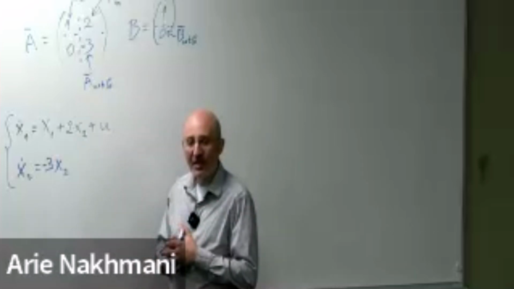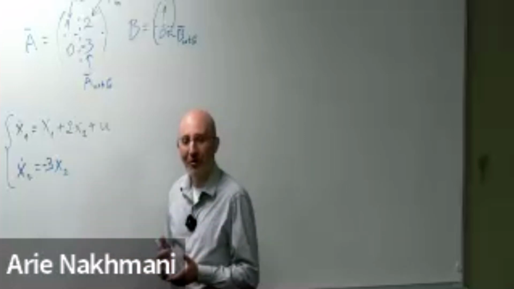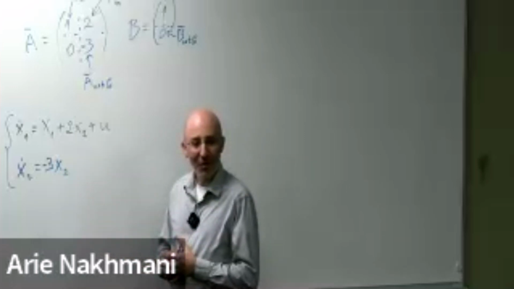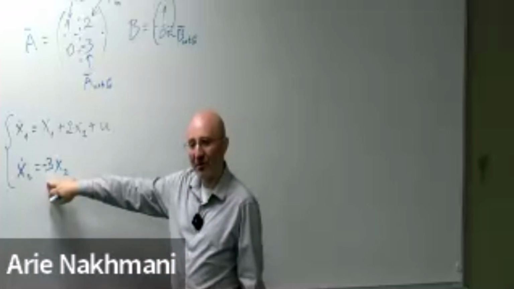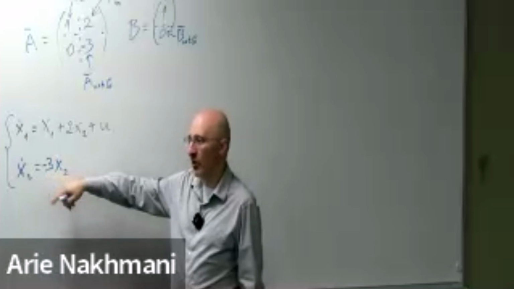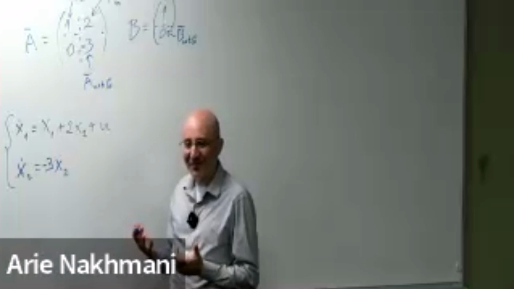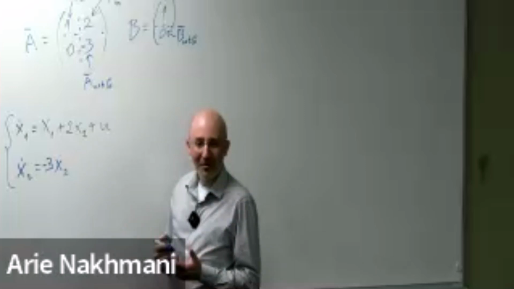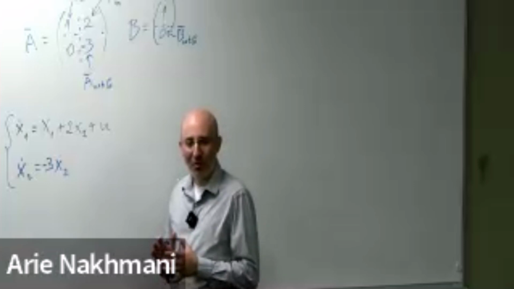You cannot do anything about it, which means your system will just blow up no matter what you do. So this system would be not stabilizable if this is +3. But when it is -3, it will eventually converge. You cannot control how fast, but it still converges, so it's fine.